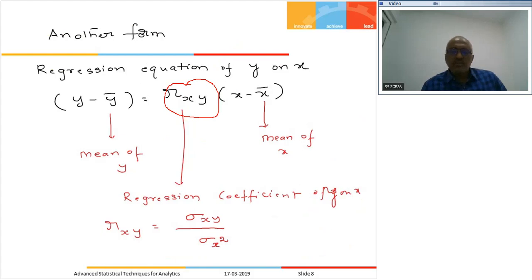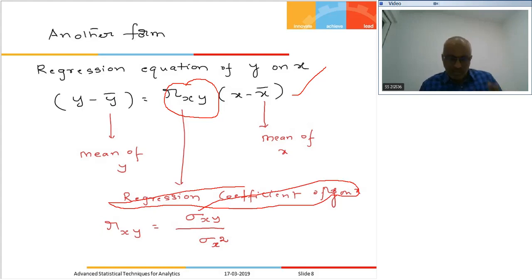This is another form of the regression equation, where y bar is the mean of y and x bar is the mean of x, and rxy, which is similar to the slope of a straight line, is called the regression coefficient of y on x. We can find it with the help of sigma xy by sigma x square.